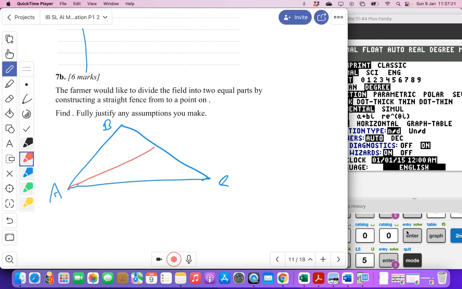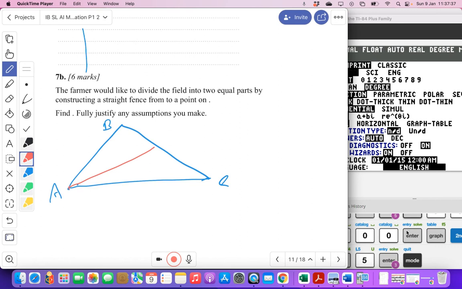Okay, so fully justify any assumptions you make. Well, I guess it says straight line, so I don't really see any assumptions that I might make. There's a couple ways of doing this.